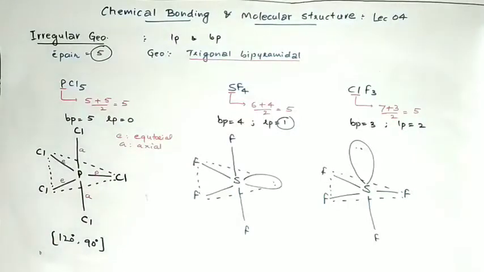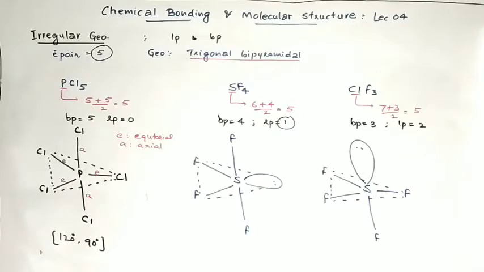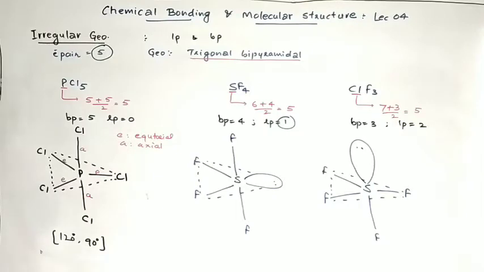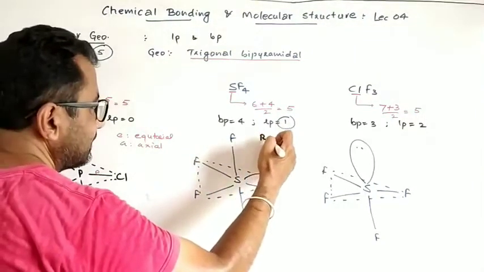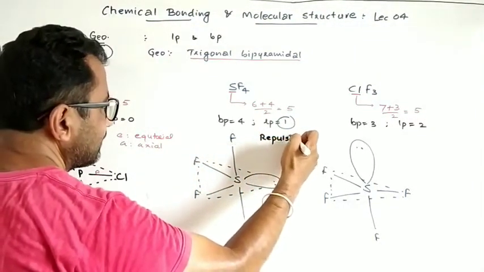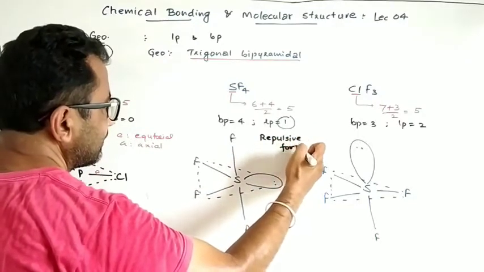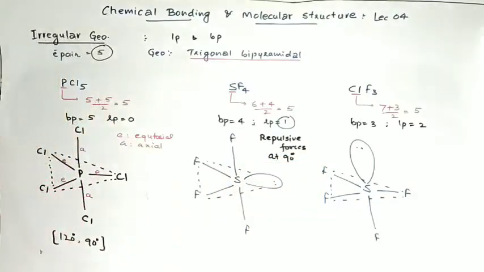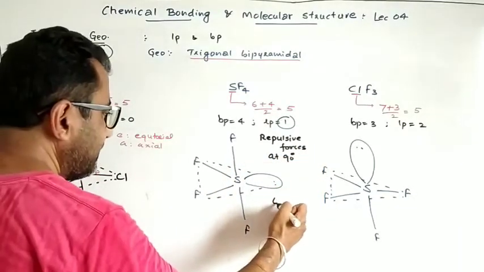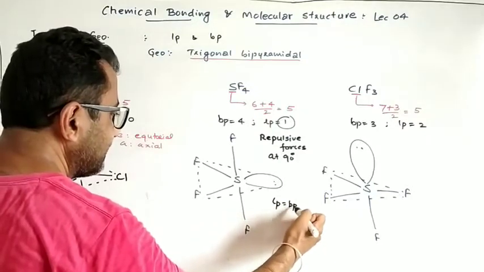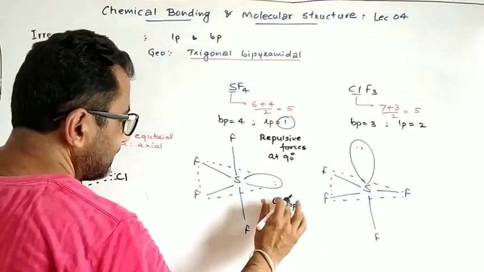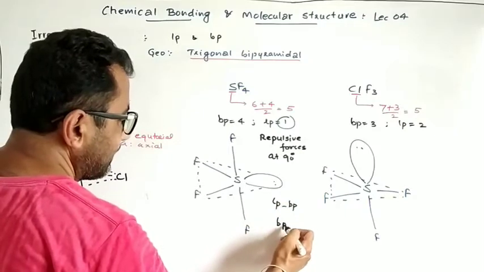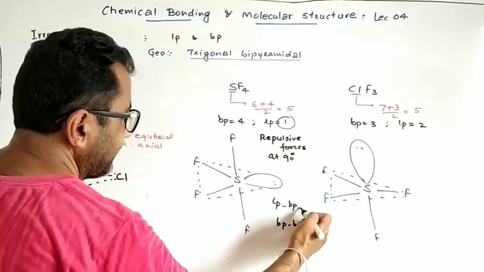Now how to decide where the lone pair should be, which is stable out of these 2? For that we will compare the repulsive forces at 90 degrees. There is one lone pair, it means 2 types of repulsive forces are there: lone pair-bond pair, and bond pair-bond pair.